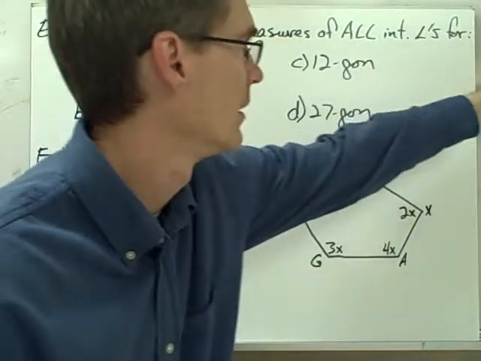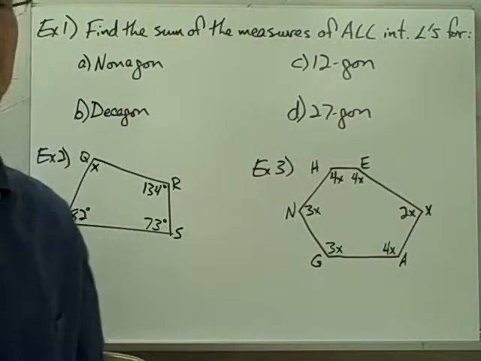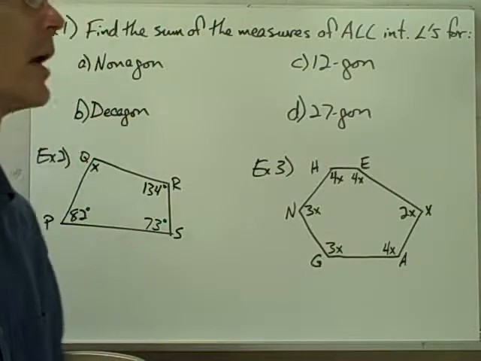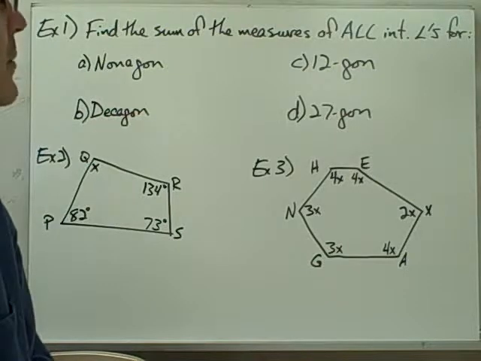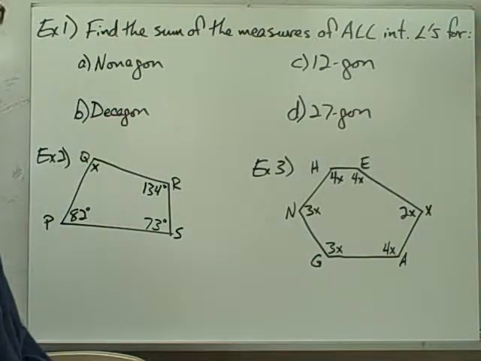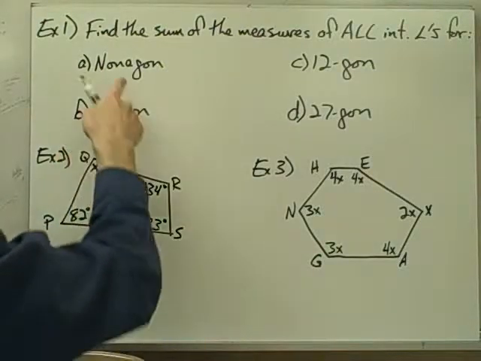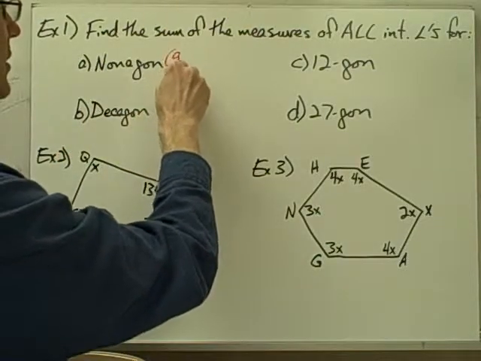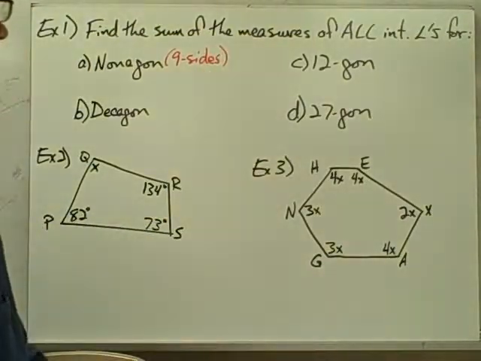So let's take a look at some problems that we can solve using this information that we now have on angles of convex polygons. So example number 1, find the sum of the measures of all of the interior angles for these different polygons. Now here we have a nonagon and a decagon. A nonagon is just a word for a 9-sided polygon.